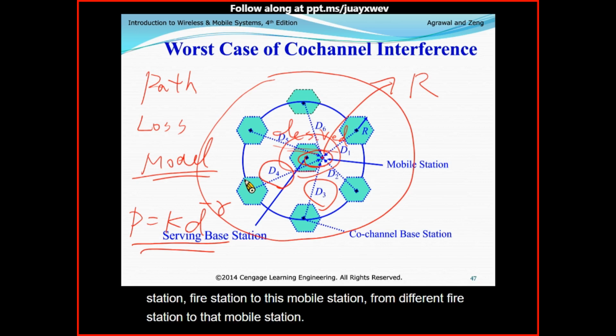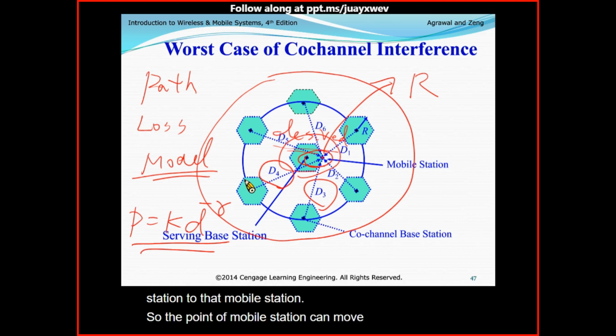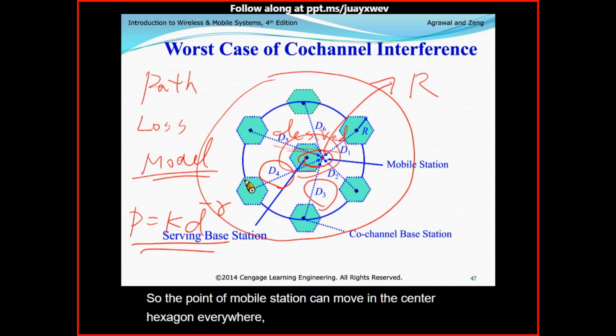So the mobile station can move anywhere. No, the base station won't move. The mobile station will, but this time we consider this one to serve as the worst case.